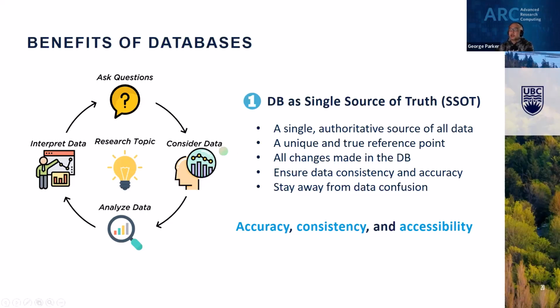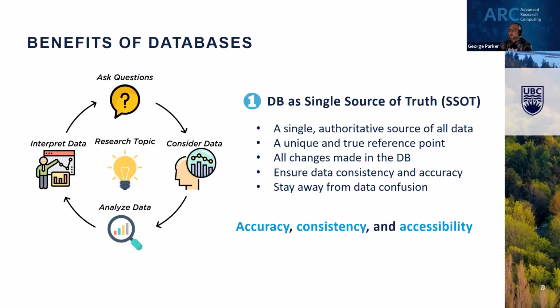As you can see, most of this is about data. And often you are not the only data consumer in your organization or in your research group. You are part of it. So the question is, how are you going to maintain data accuracy, consistency, and accessibility? Database as a single source of truth is the answer.